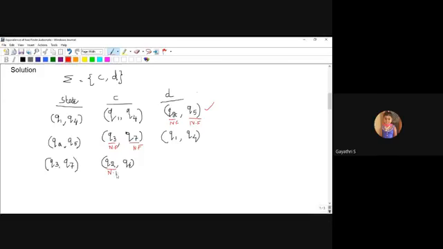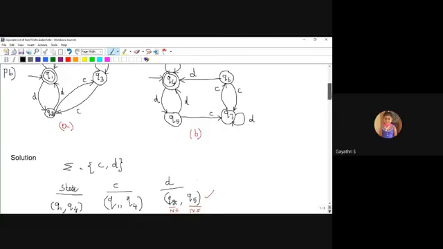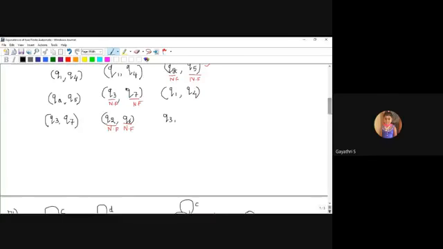Next, D: Q3 on D moves to Q3 only. Then Q7 on D moves to Q7 only. So this pair is already added here.